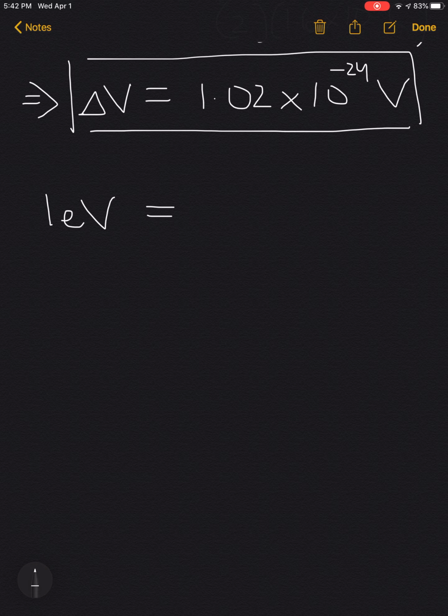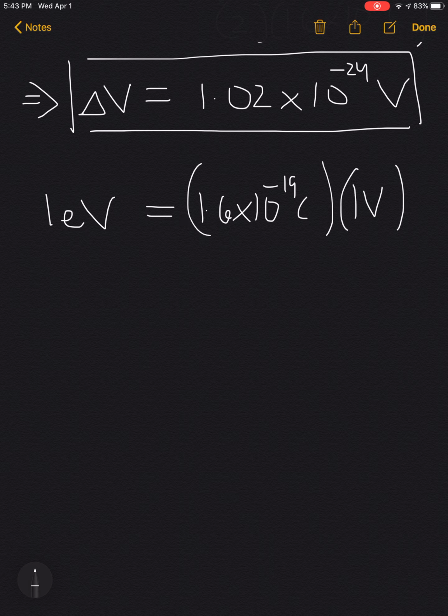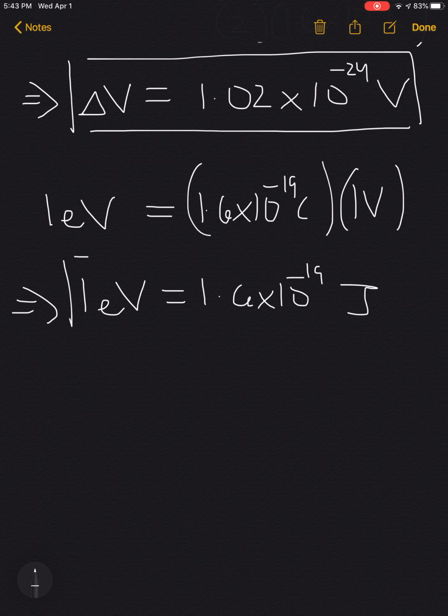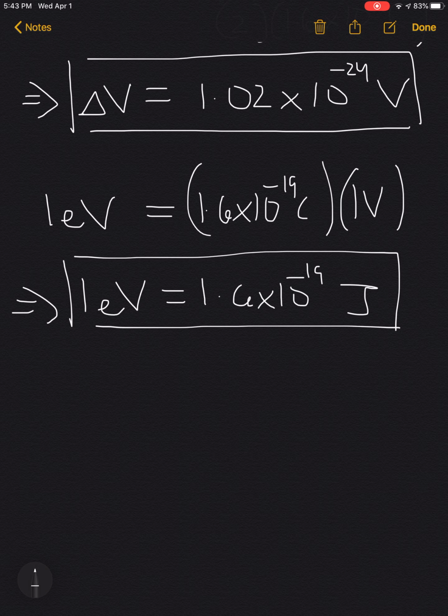That is the charge of that electron, 1.6 times 10 to the minus 19 coulombs, times 1 volt. To say it more compactly, 1 electron volt is 1.6 times 10 to the minus 19 joules. That's a useful conversion to know, because it's more proportional to the scale of what an electron experiences. It's just a change of units that's more appropriate for some of these problems.